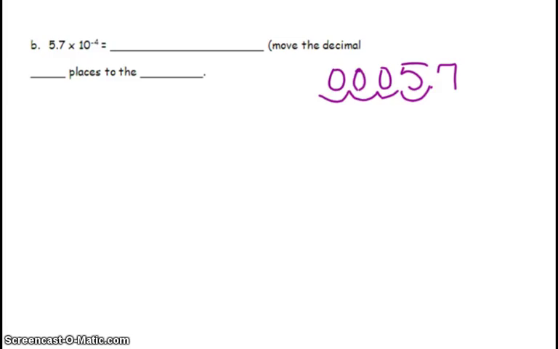Makes 4 places total. So my answer is 0.00057. And you can choose to write the 0 in front of the decimal point, but it's not always necessary. So we moved the decimal 4 places to the left. So positive exponent means bigger number, negative exponent means smaller number.